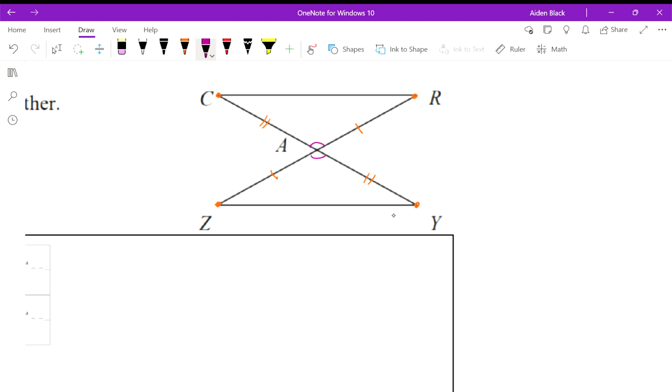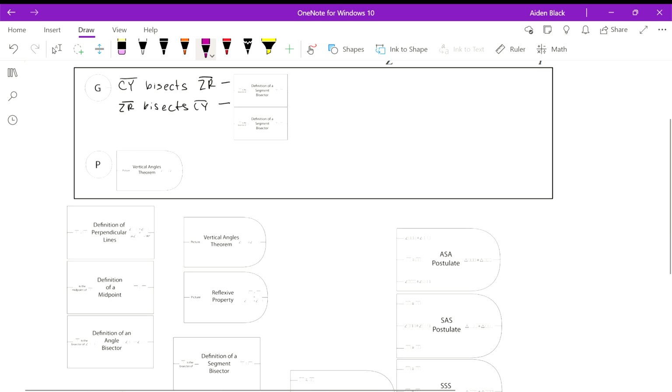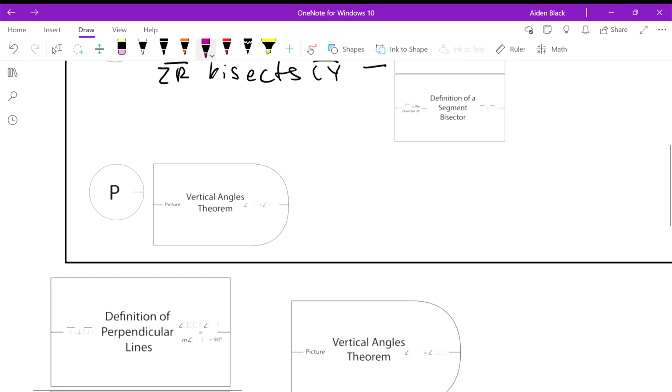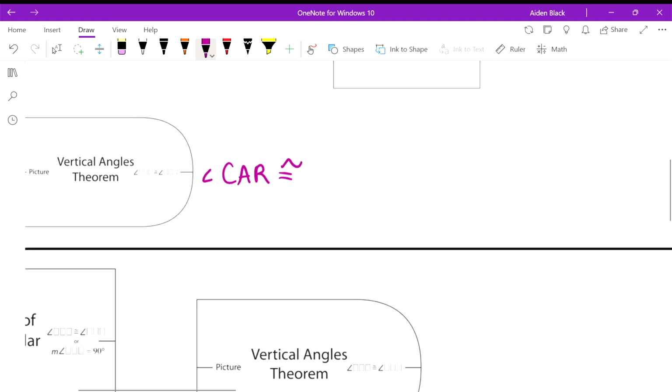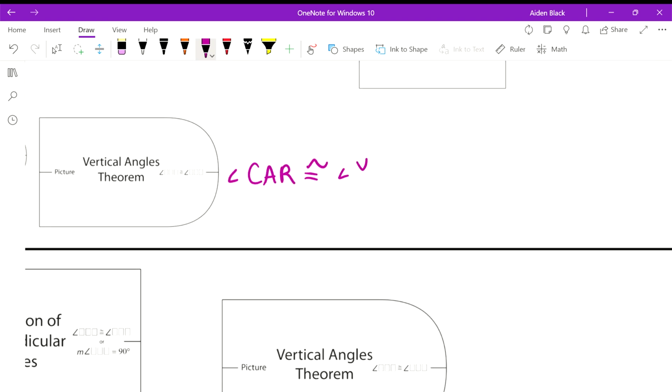What are those angles called? I'm not going to write angle A as congruent to angle A. I'm going to write angle CAR is congruent to angle YAZ. Cool. So by the vertical angles theorem, we know that angle CAR is congruent to angle YAZ.